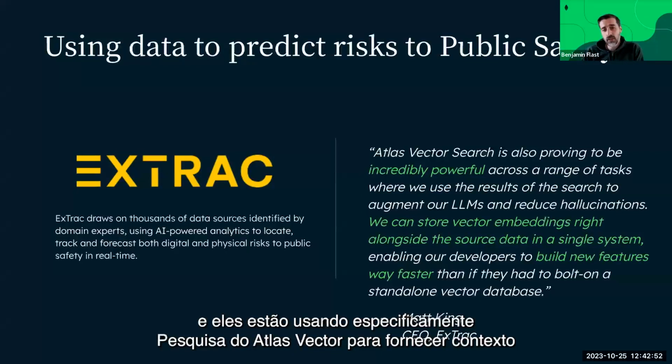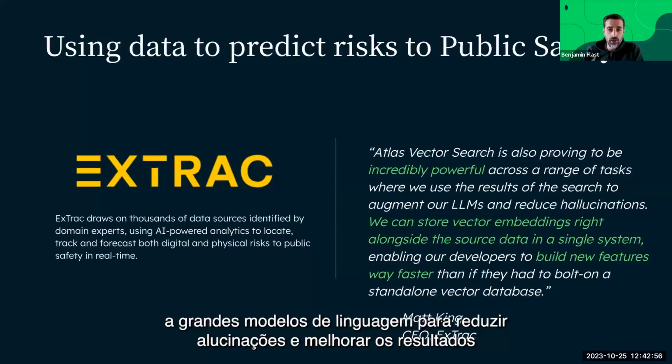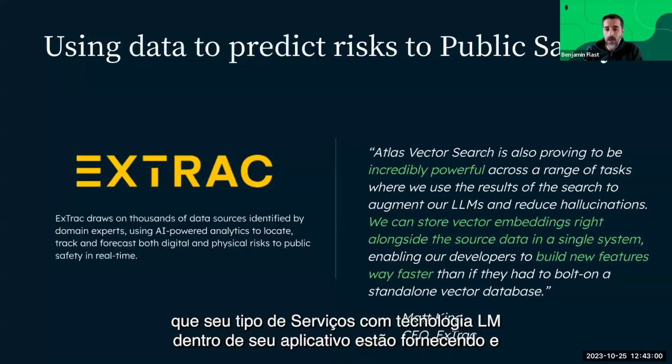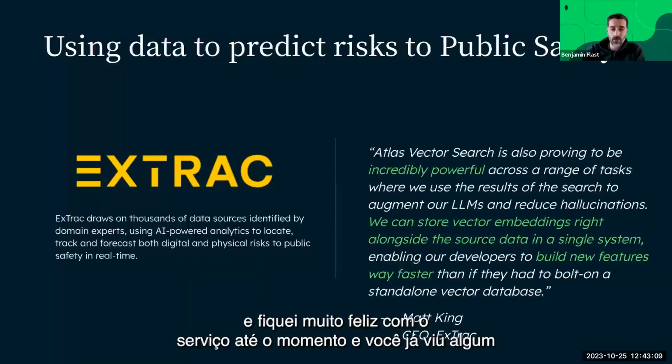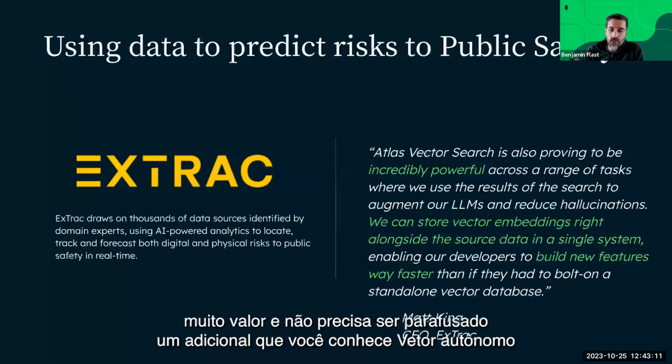They are specifically using Atlas Vector Search to provide context to large language models to reduce hallucinations and improve the results that their LLM-powered services inside of their app are providing. They're having great success and have been really happy with the service so far, and have seen a ton of value in not needing to bolt on an additional standalone vector database to solve their use cases.